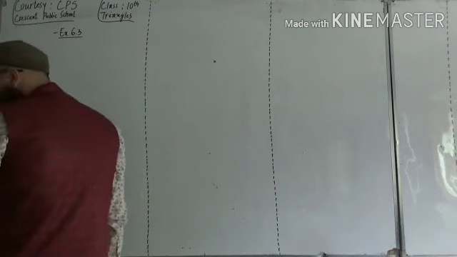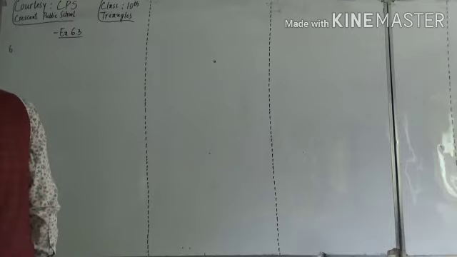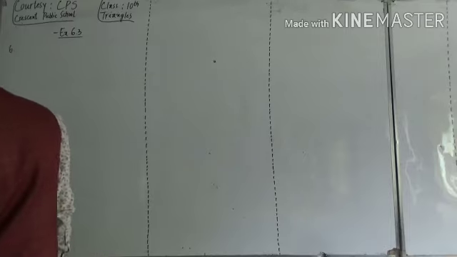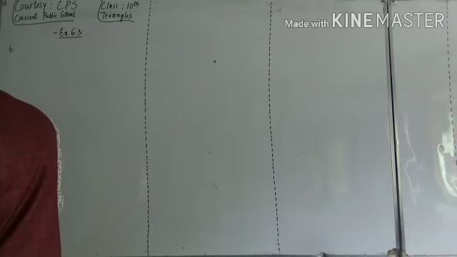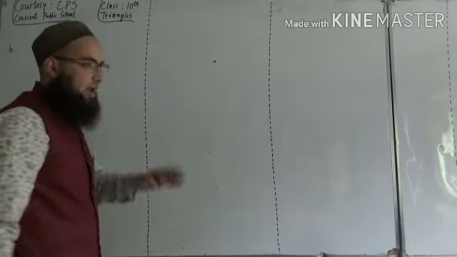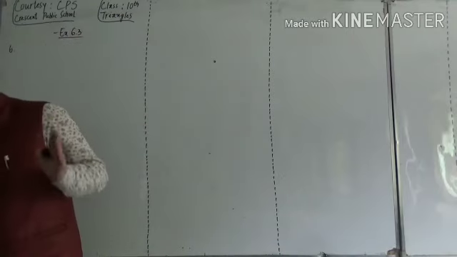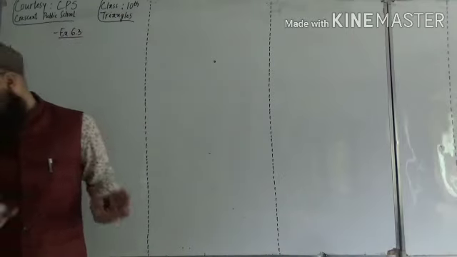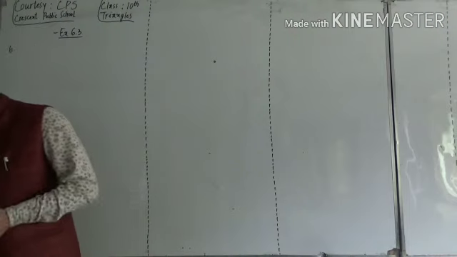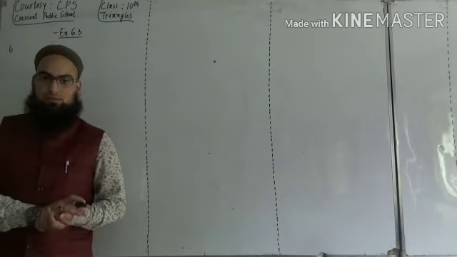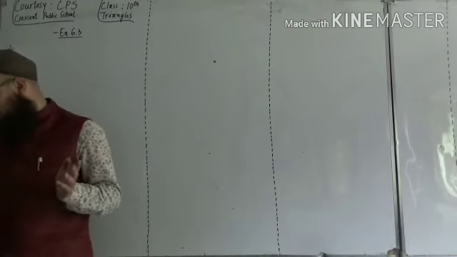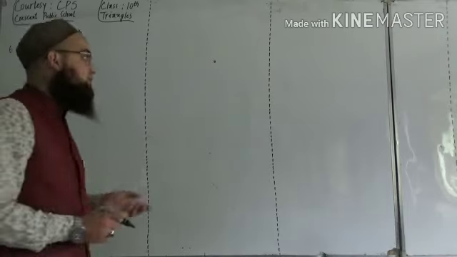CD and GH are respectively the bisectors of angle ACB and angle EGF such that D and H lie on the side AB and FE of triangle ABC and EFG. So we have 2 triangles ABC and EFG. If triangle ABC is similar to FEG, so let us make 2 triangles which are similar, that is ABC and FEG.